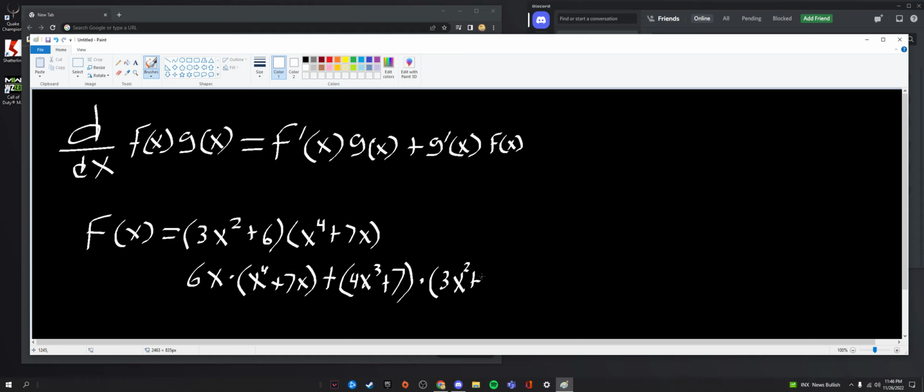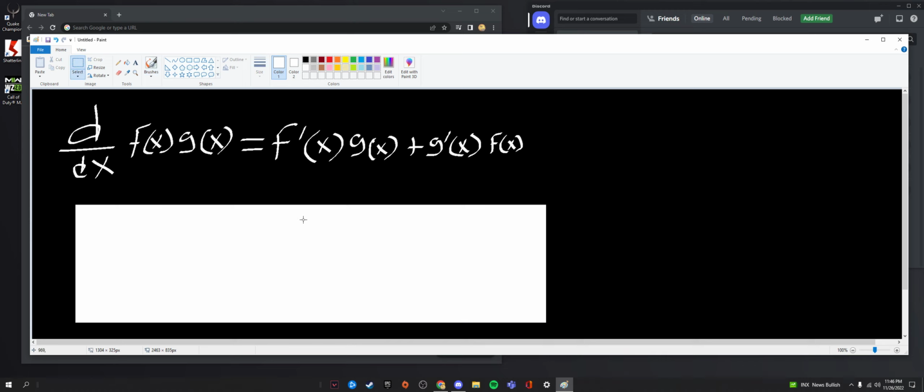Now this is a pretty basic example, super simple, just polynomials, but you're not always going to have polynomials, and furthermore, you're not always going to have just a product rule. You might have product rule and chain rule, which is what we're going to be taking a look at next. So let me just fill this back up.